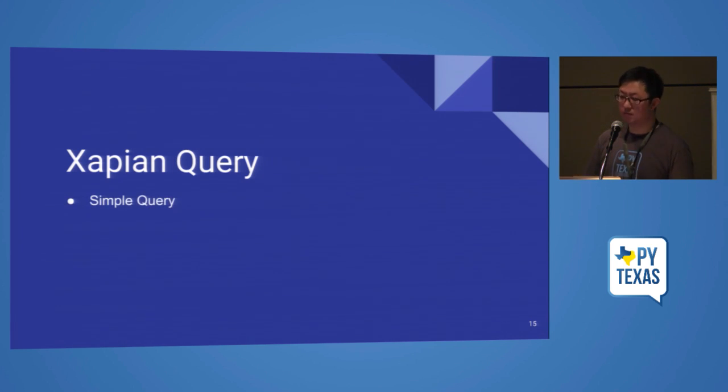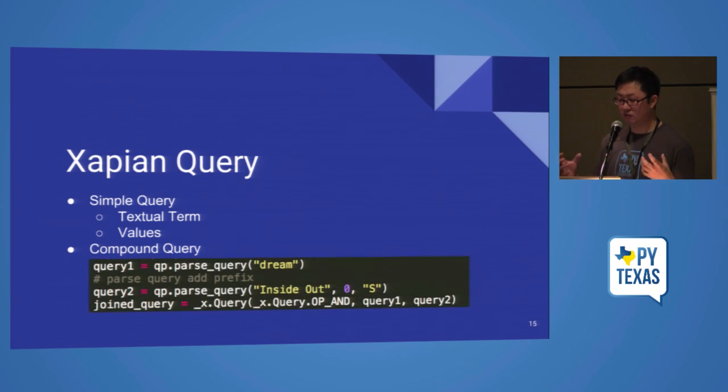Now we can make some queries onto the database. Xapian also provides a query object. In Xapian, there are two kinds of query: simple query and compound query. A simple query can be a keyword, a term, or a value range that searches a certain range of numbers. With a compound query, we can join two queries with a query operator.